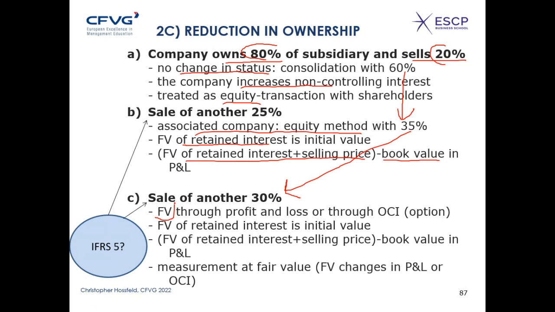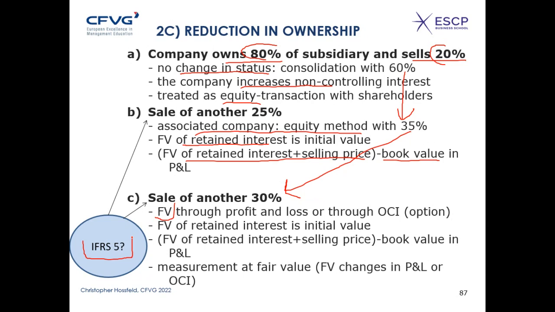Okay, potentially on those two sales, B and C, I may also apply IFRS 5 if it's a sale that is actually planned. IFRS 5 deals with assets held for sale or discontinued operations. Remember, we spoke about this the first or the second day. Discontinued operations are planned sales.